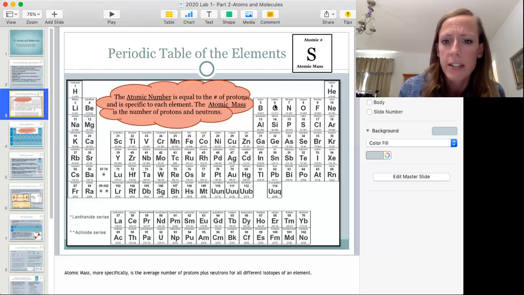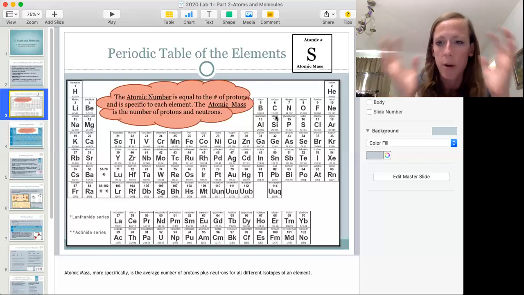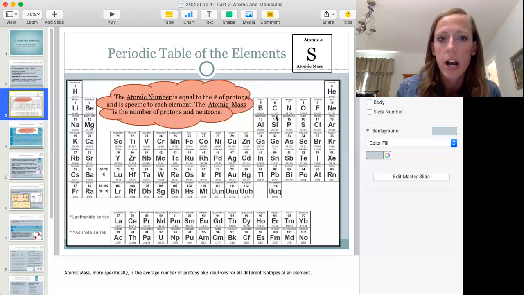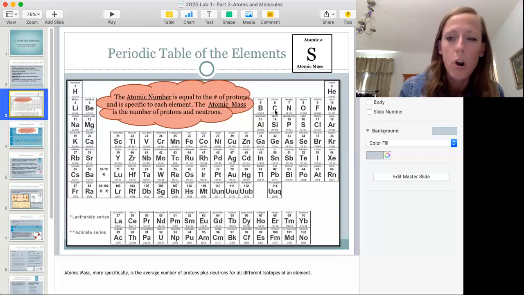So you would have 6 protons, which is our atomic number for carbon. And then you would have 6 electrons, and those are going to be occupying the orbitals or shells outside of the nucleus. And then more often than not you have 6 neutrons also in the nucleus of that atom.